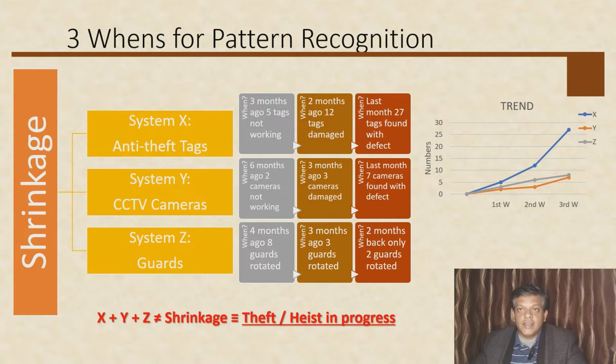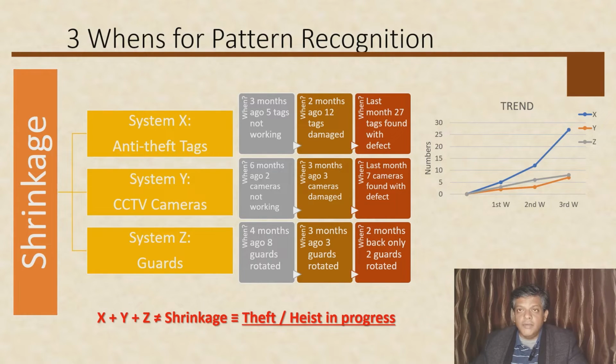So you're listing out all the control methods or different systems that you have in place, starting from anti-theft tags, which can be called system X, CCTV cameras, system Y, and the security guards can be called system Z. So you have three different systems in place to prevent shrinkage at your retail store.